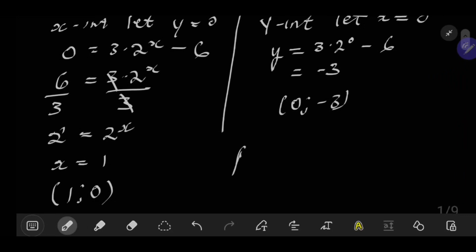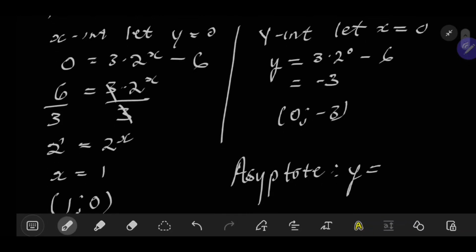Then our y asymptote is going to be the value of q, which is negative 6. Now we have everything, so we just need to plot our points and join them on a Cartesian plane.